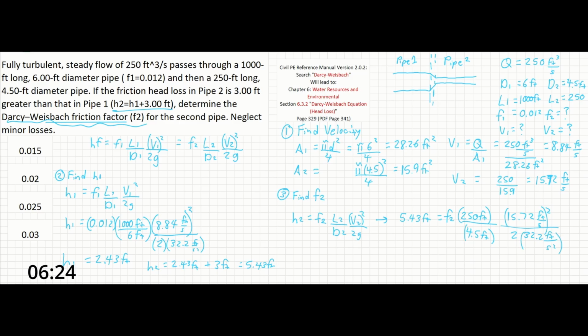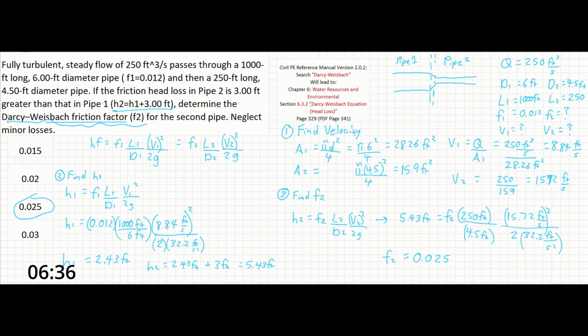And if we rearrange the unknowns and knowns here, we can isolate F2 and find that it is equal to 0.025, which is our third answer on the left.